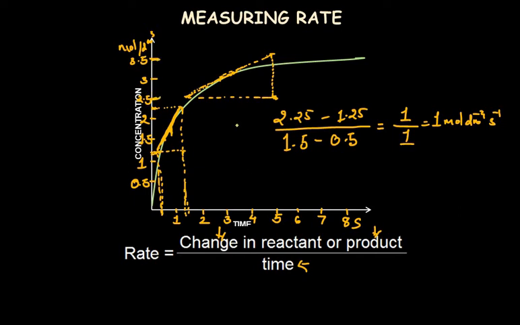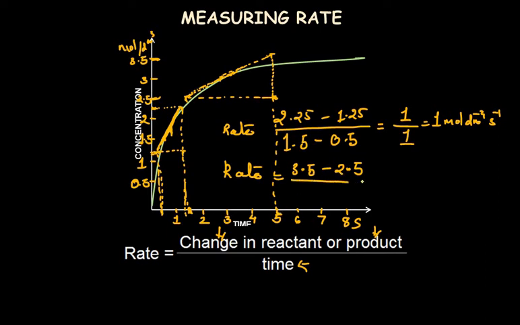Again if we find the rate, then the rate at the time 3 seconds is 3.5 minus 2.5, and the time here will be, say it's 1.5 and it goes to 5 seconds.